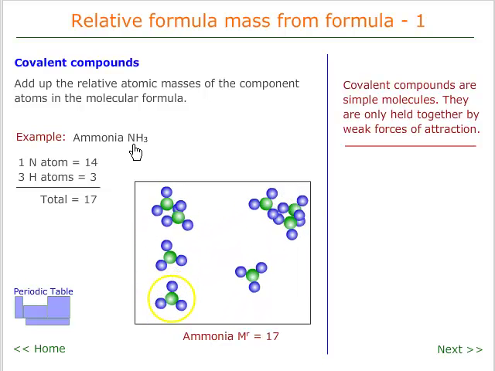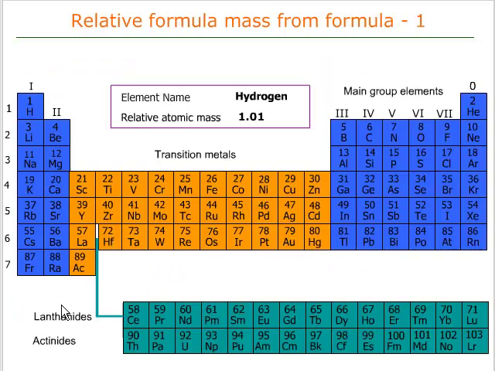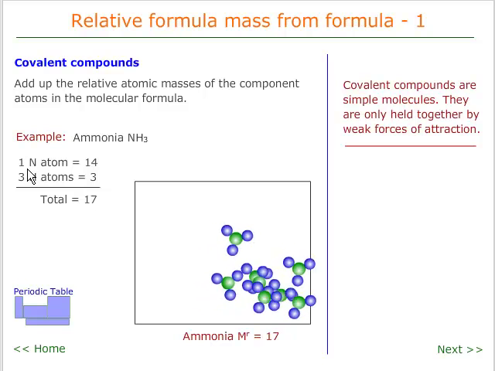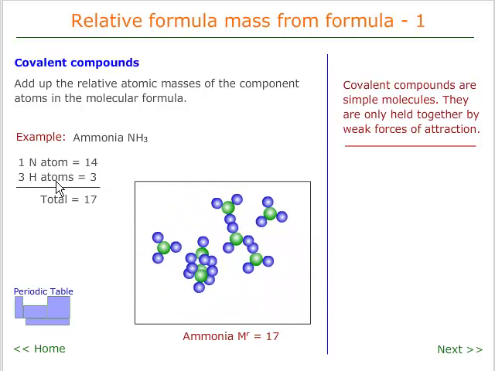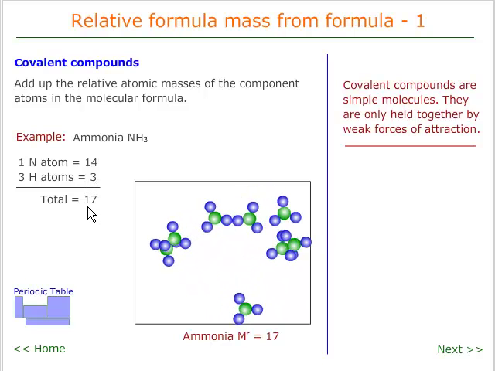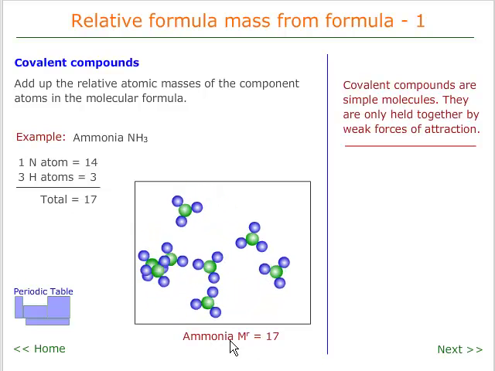So to find the relative molecular mass of ammonia, we need to look at the relative atomic masses of nitrogen, which is 14, and hydrogen, which is 1. So 1 nitrogen atom with a mass of 14, 3 hydrogen atoms, each with a mass of 1, makes a total relative molecular mass of 17.